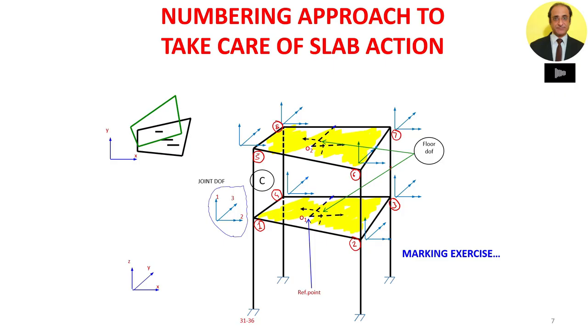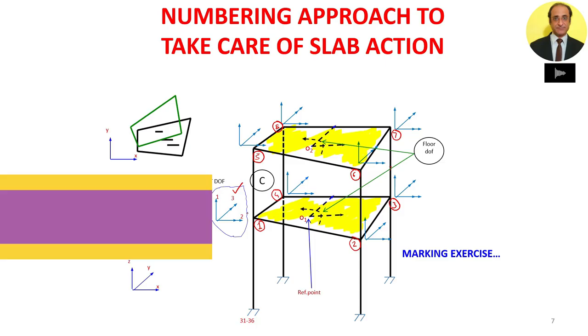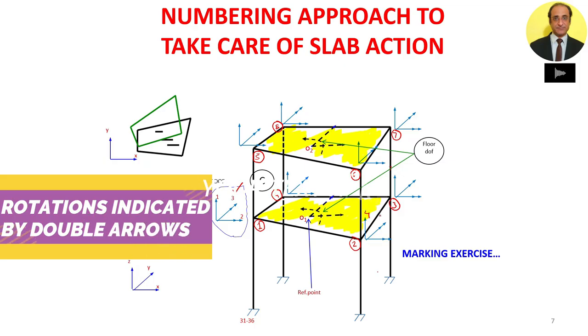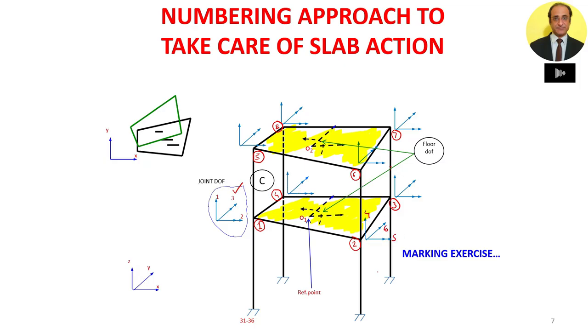Now we do the numbering of the degrees of freedom. 1, 2 and 3 are already marked, and we mark such that we first mark the vertical displacement and then label the two rotations. Following this order, we have 4, 5 and 6. So 4 is the translation in the vertical direction, 5 is the rotation about the global x-axis, and 6 is the rotation about the global y-axis.